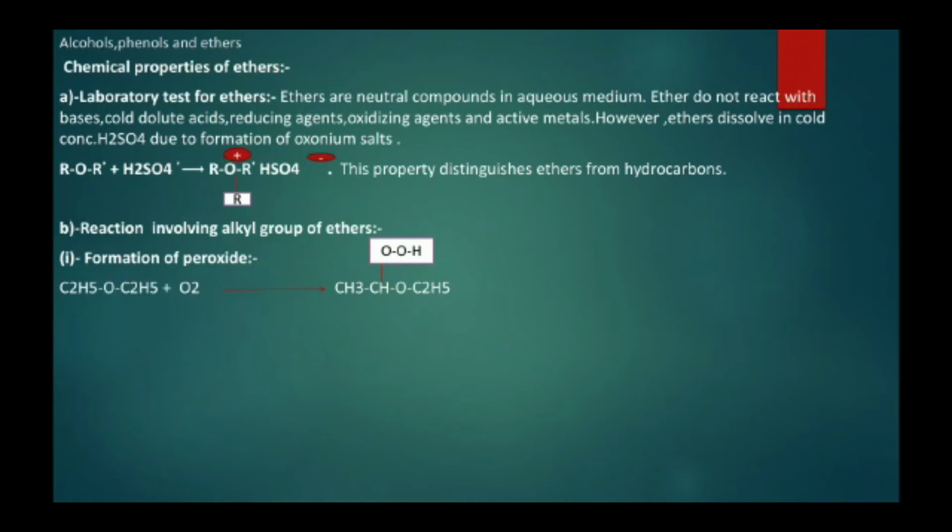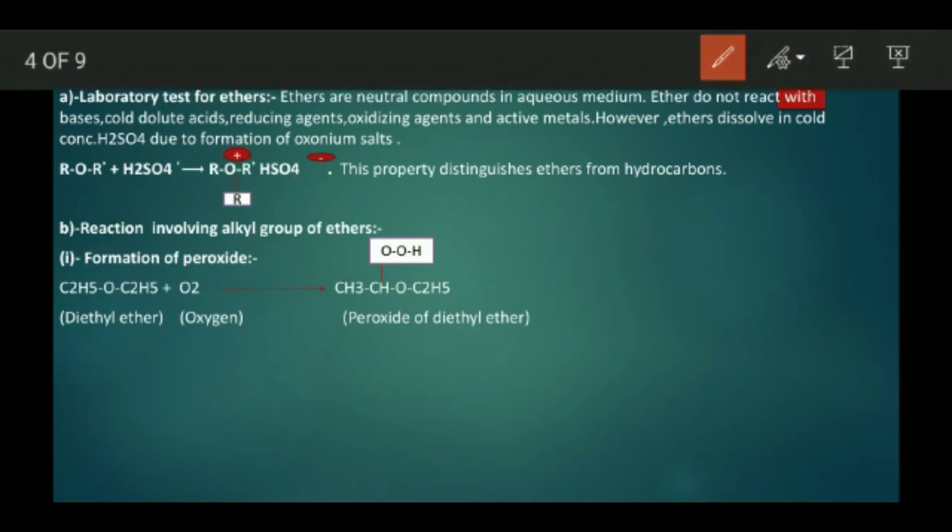You are observing here CH3CH, O, C2H5, and this CH containing OOH, that is the peroxide bond. So diethyl ether reacts with oxygen and forms this peroxide of diethyl ether. This is the diethyl ether and here it is what? Peroxide bond.